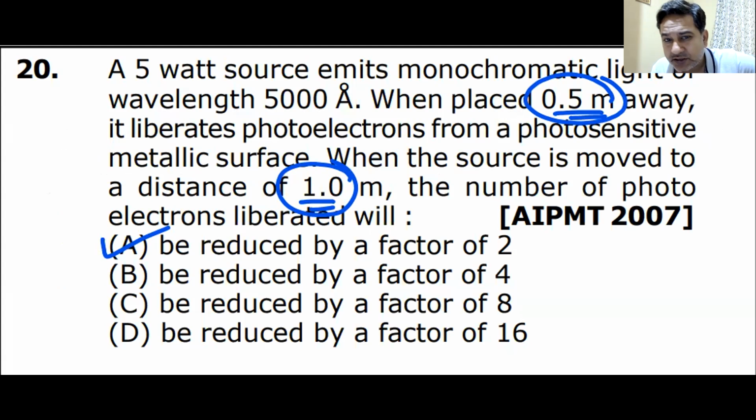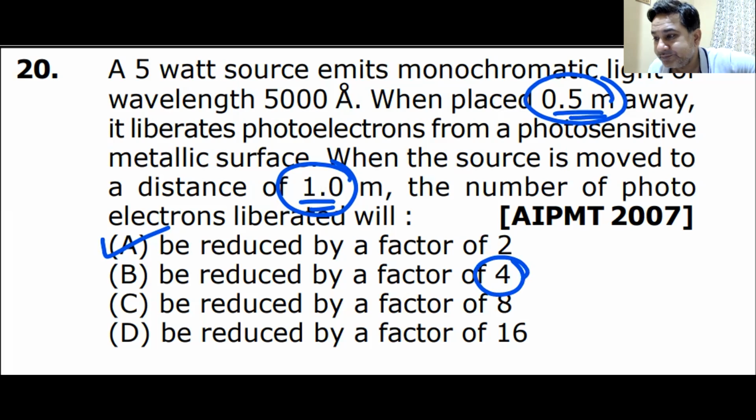So intensity, or the number of photons reaching it, or number of electrons emitted, will reduce by a factor of 4. Yes or no? Yes, sir. R square. Distance ka square. Distance became twice. So it reduced by a factor of 4.